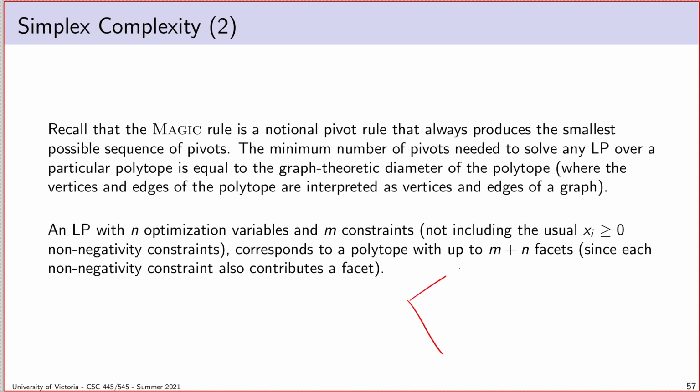We know, however, here's a polytope in 2 dimensions that sort of looks like a square. This LP had to have at least 4 constraints, including the non-negativity ones. But it could have had more than 4. There could have been some constraint out here that got superseded by the other constraints. So that's why I say up to this number of facets. If I have n variables and m constraints, the number of facets on the polytope will be at most this number.